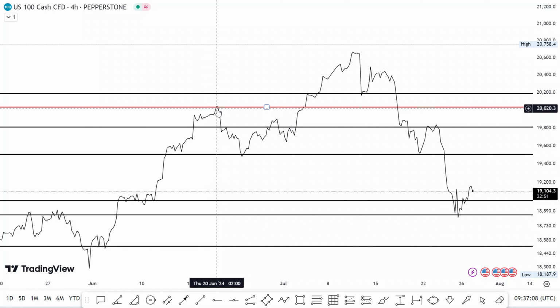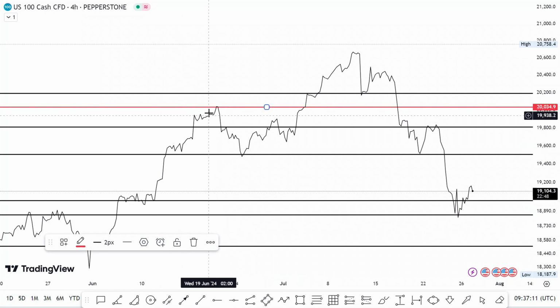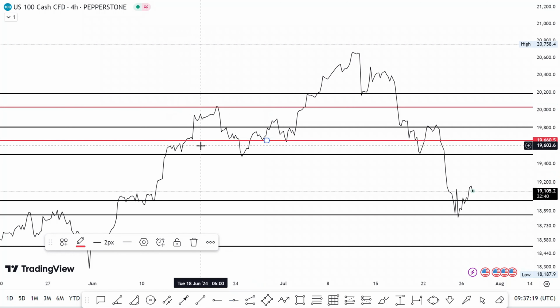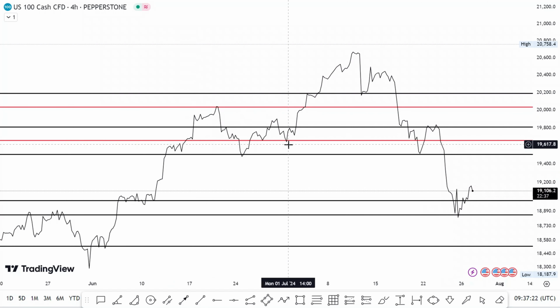And also, it acted as a support here, and as a resistance here, then as a support here. I will take that level. Come back. You see, it acted as a support here, a support here, a support here, a support before it finally broke out.